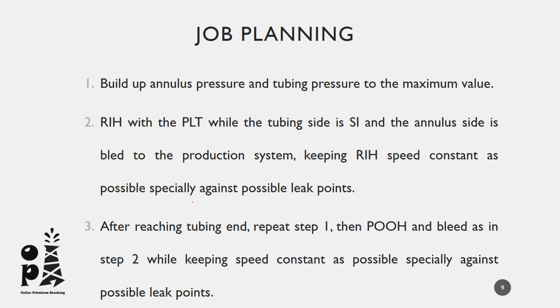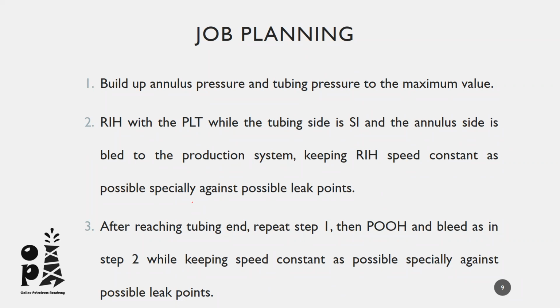So we first build up pressure in both tubing and the annulus, then start running in hole with the BLT string inside the tubing, while slowly bleeding the pressure inside the annulus to the production system. This will, of course, force flow through the leak points. So keep running in hole at a constant speed as much as possible, especially against the possible leak points, while bleeding annulus pressure.